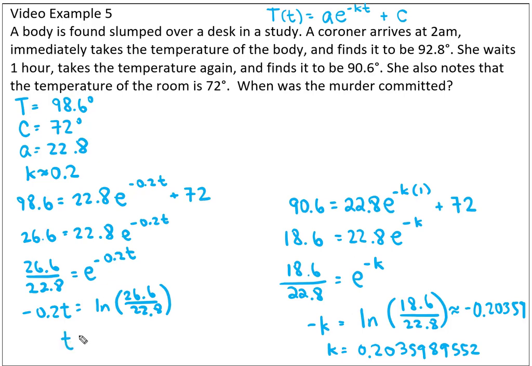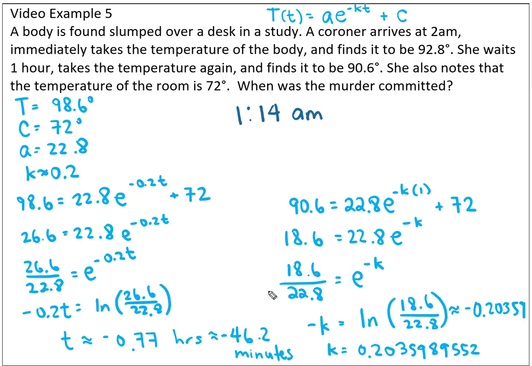My calculator says then that t is approximately negative 0.77, and that would be hours. So 0.77 of an hour is approximately negative 46.2 minutes. So that would mean the murder was committed about 46.2 minutes before 2 a.m. So the body was probably killed at 1:14 a.m.